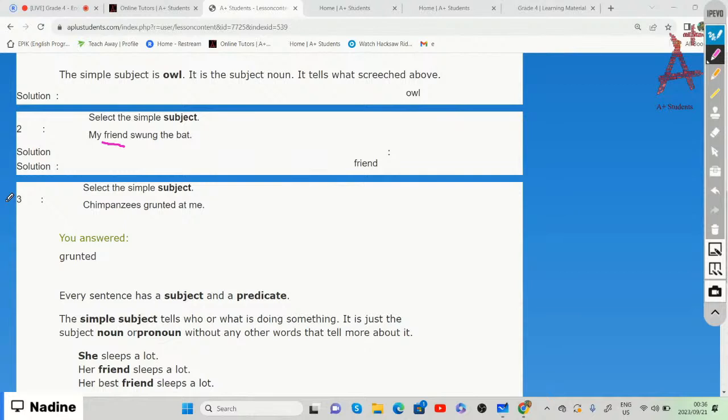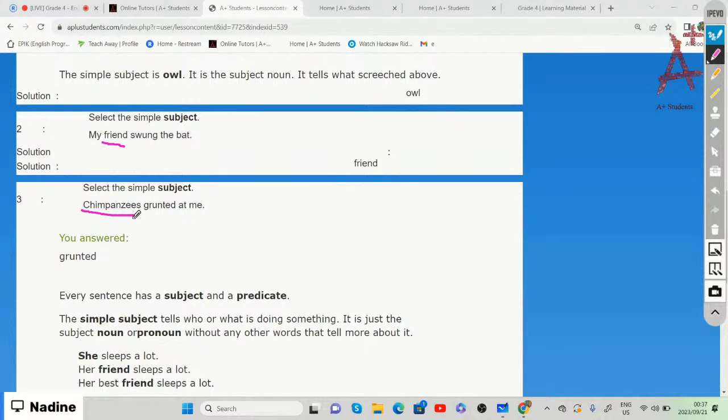And then, chimpanzees grunted at me. If we select the subject within that sentence, then it will be chimpanzees.